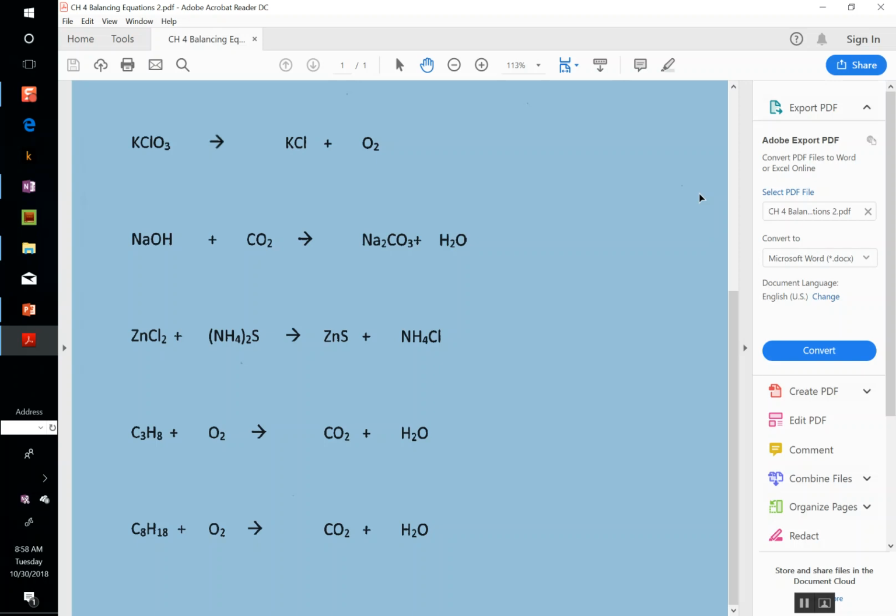Yes? Okay, so if there were two aqueous solutions and they produce a solid and an aqueous, that would be a precipitation reaction. Is it always like that, or does it change? Can it produce a gas in an aqueous?